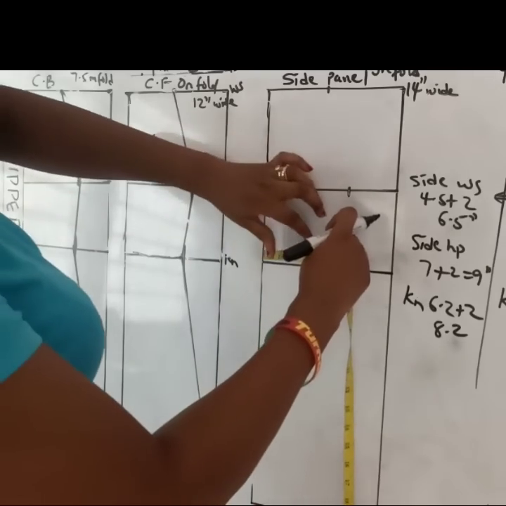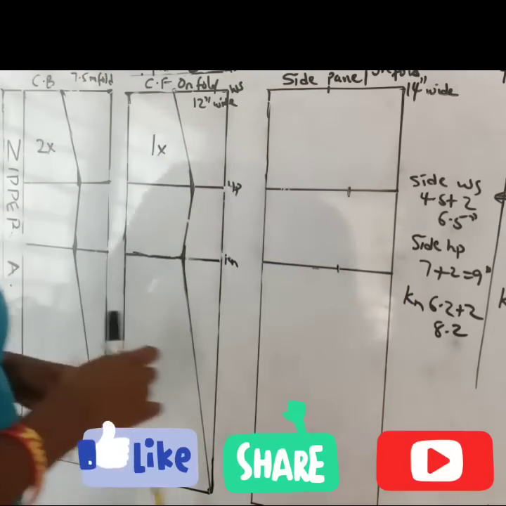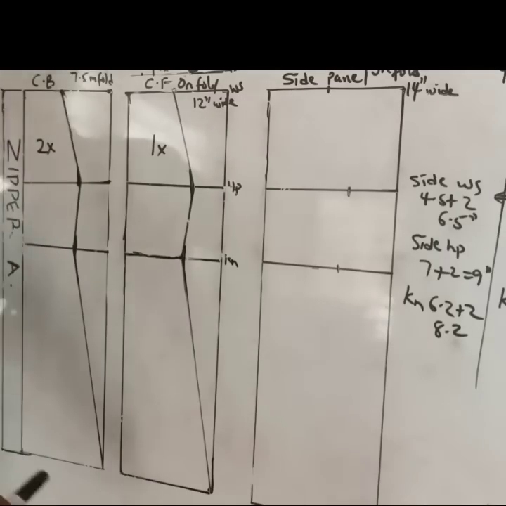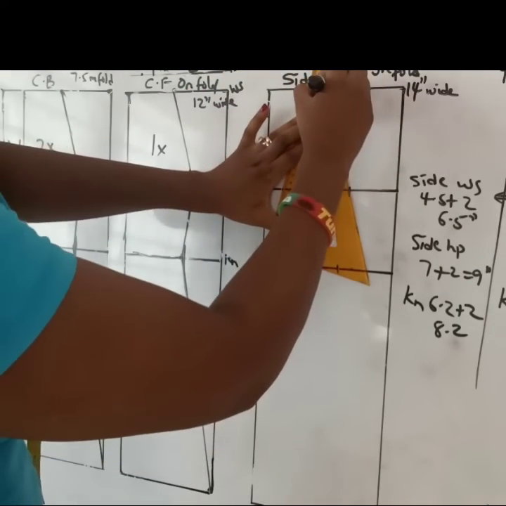Now input 4.1. And then you take your ruler to connect that.